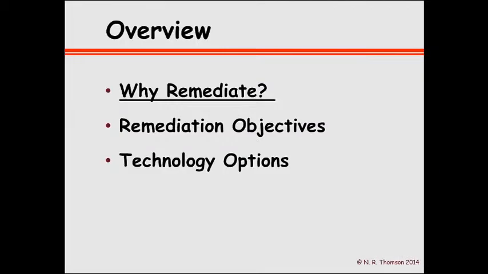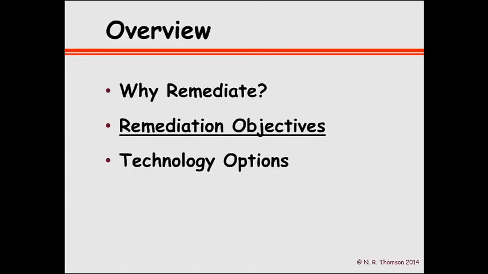So that's a very quick overview of why we would like to remediate or clean up the root causes of that. We spoke a little bit about the conceptual site model. We spoke about the need to target the mass. We spoke about ways that the mass is stored, and we spoke about the long-term effects of lower permeability zones.